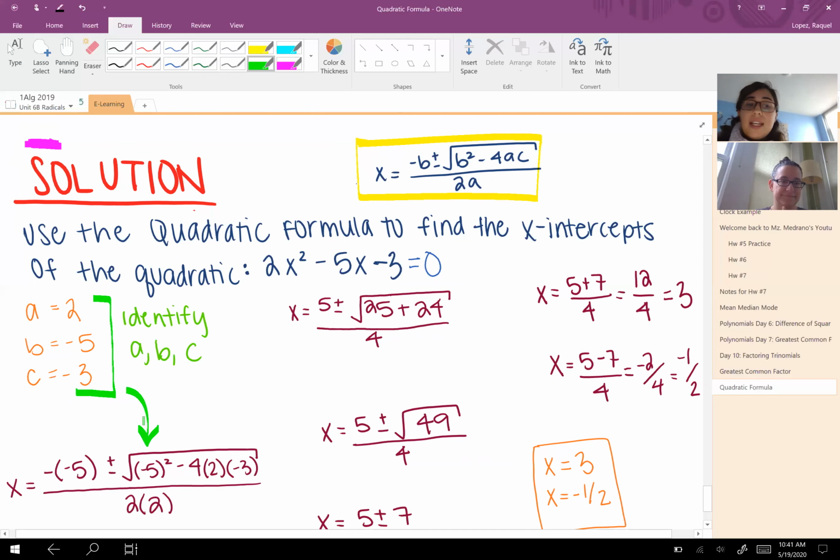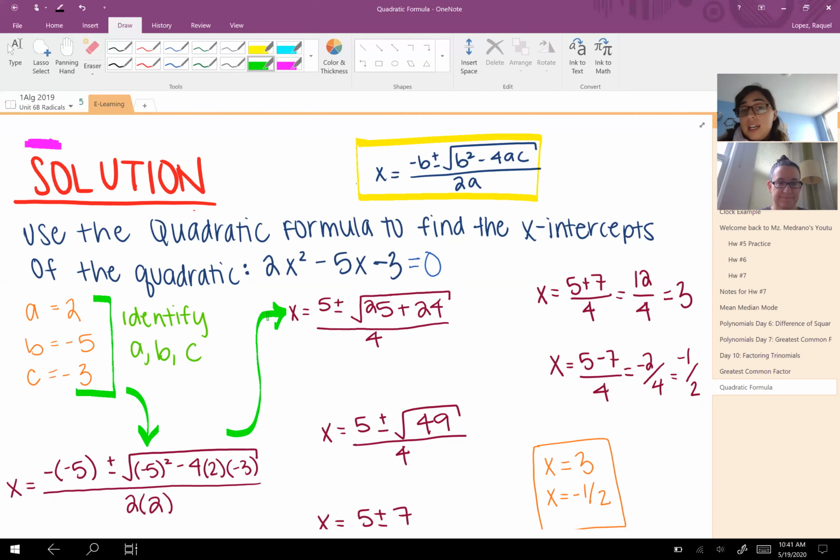What I did next is I substituted those values for A, B, and C into our recipe, into our quadratic formula, and then I started simplifying from there. So from there, I took the opposite of -5, so that's +5. And then I took -5 squared, so -5 times -5 is +25.